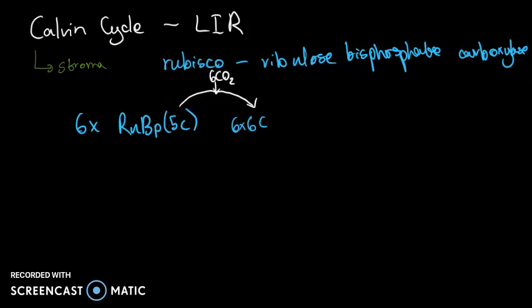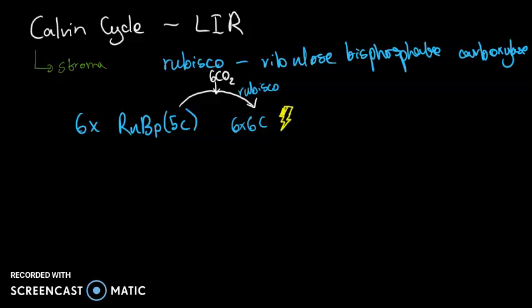The enzyme that catalyzes this reaction is Rubisco. It's called carboxylase because it adds a carbon to the RuBPs. So each of the 6 RuBPs gets a CO2 molecule and becomes a 6 carbon compound. The cool part is that this 6 carbon compound is highly unstable.